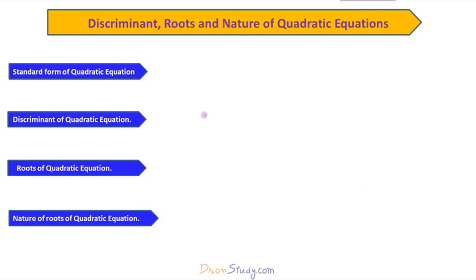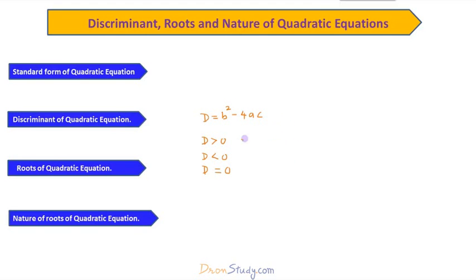Students, we have seen that the discriminant D is given by b square minus 4ac. And we have seen that this D can be greater than 0, less than 0, or equal to 0.